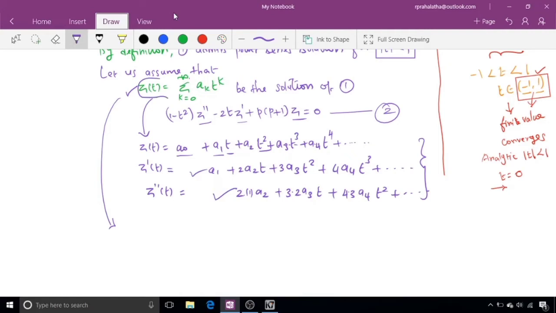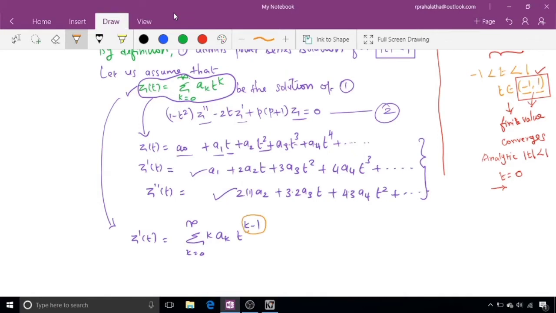Differentiating z of t equal to summation k varies from 0 to infinity a_k t power k, we get z dash of t equal to summation k varies from 0 to infinity a_k constant, differentiating t power k, k t power k minus 1. As already done in the Hermite equation, we have to retain the power of t as k always.